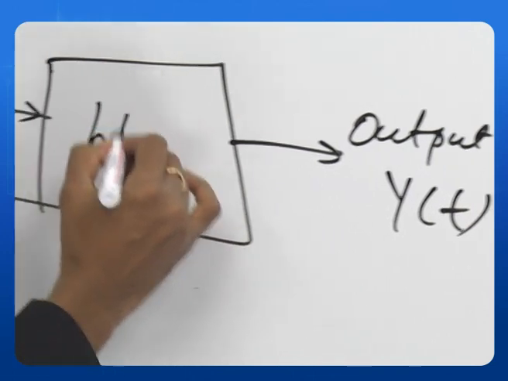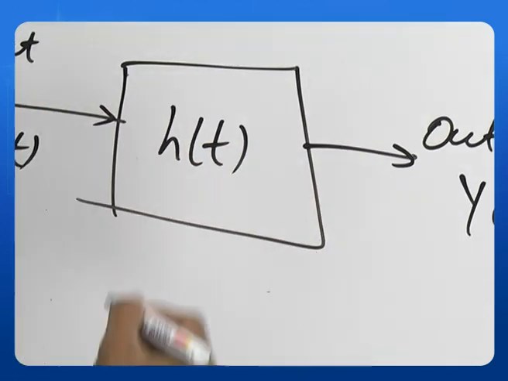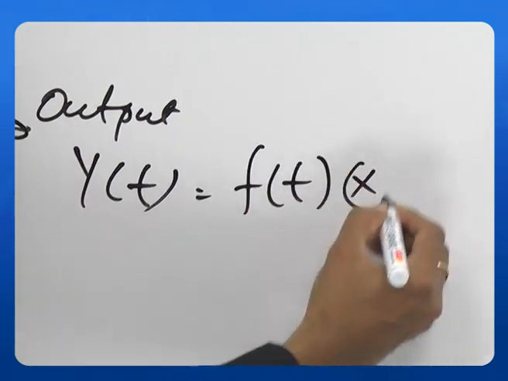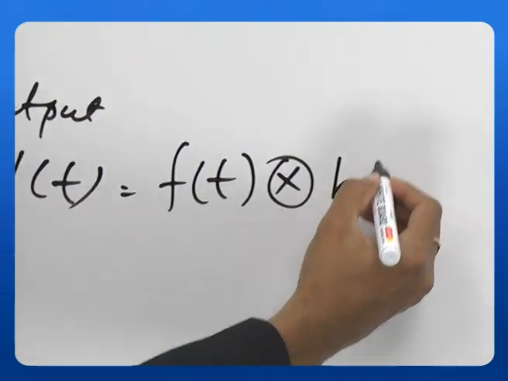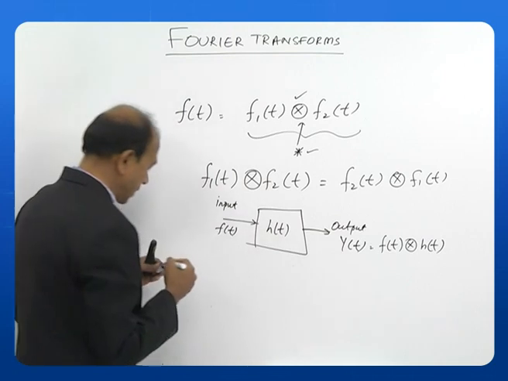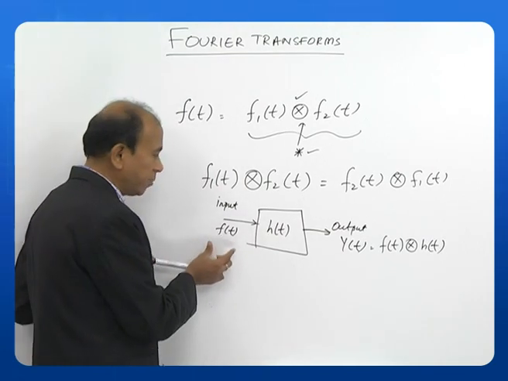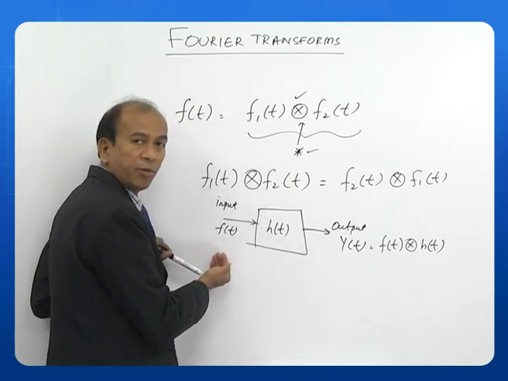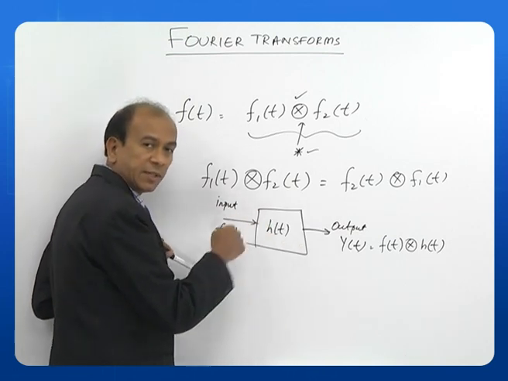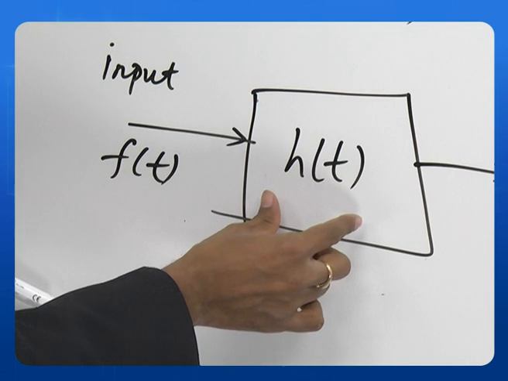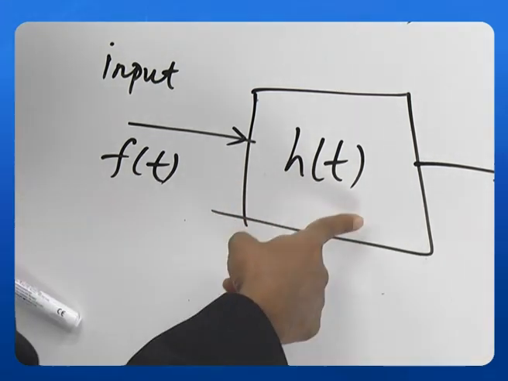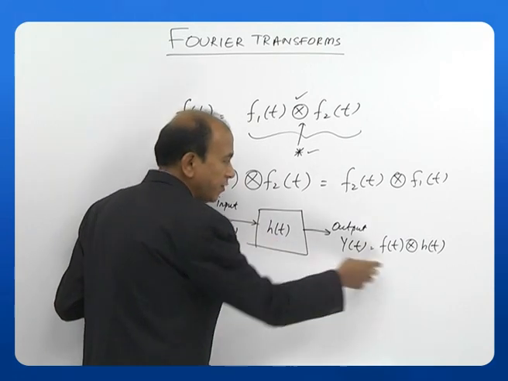Then if the system has a response of h(t), y(t) will be equal to f(t) convolved with h(t). So when I give an input, the output will depend on the system's response and the input given. The system will respond to a certain input in a certain way, which is given by the function h(t). So the output will be the convolution of the input signal and h(t), which is the system.